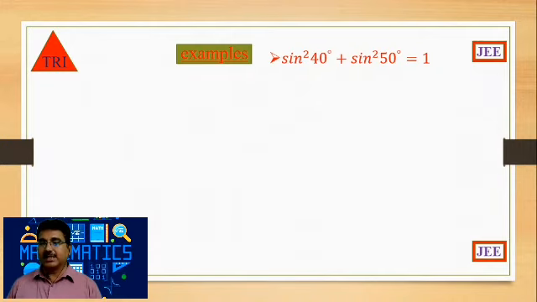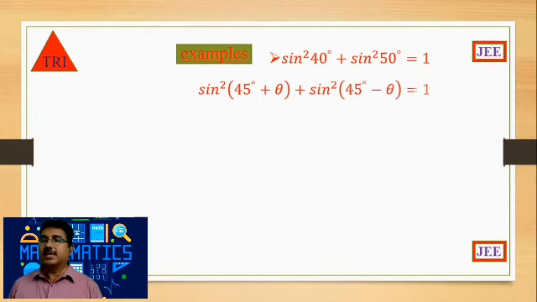Now, what is the value of sine square 45 degrees plus theta plus sine square 45 degrees minus theta? Here also A plus B is equal to 90 degrees, so the required value is equal to 1.